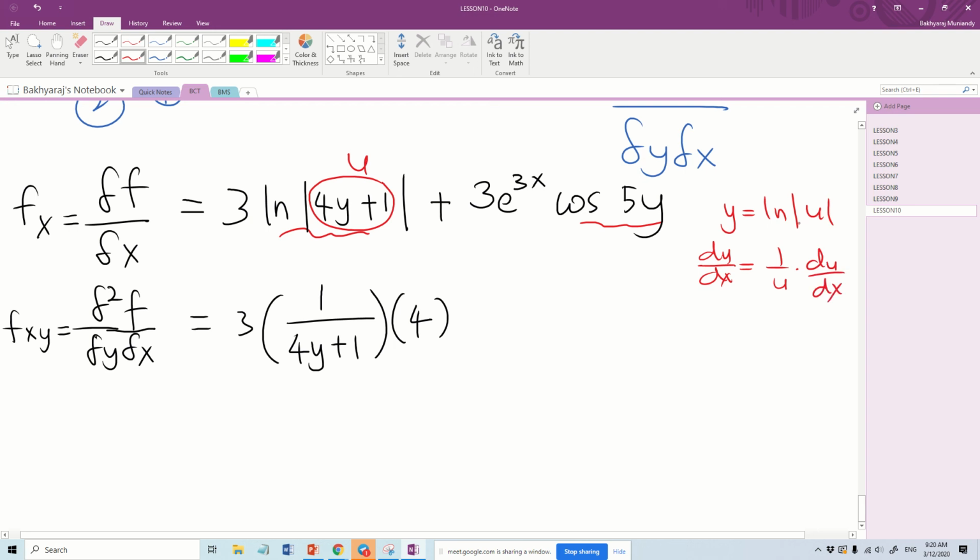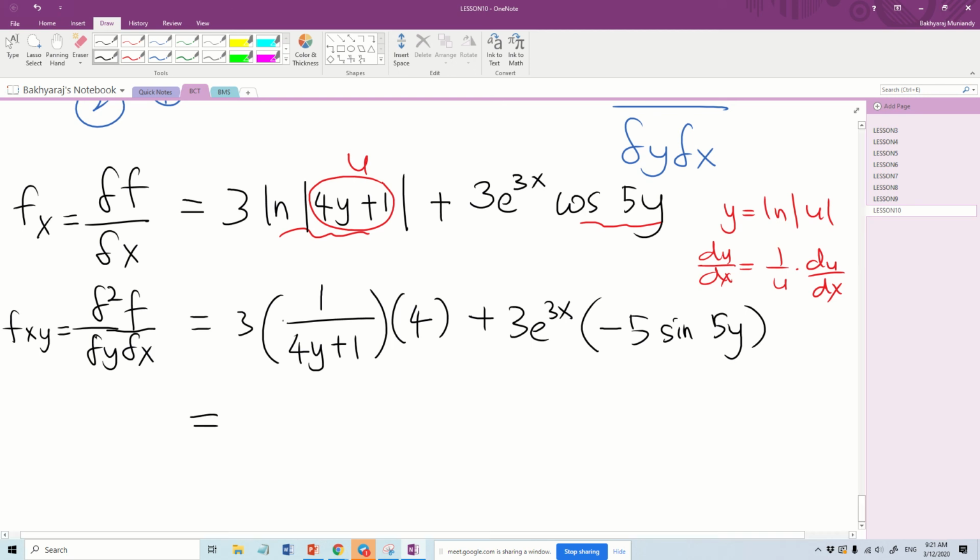Okay, this is the formula, just write the formula, get back to the recall. Plus 3 exponent 3x, copy back, and your cos 5y becomes negative 5 sin 5y. Okay, so go for the last answer.